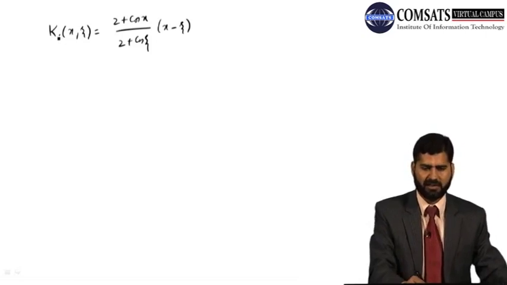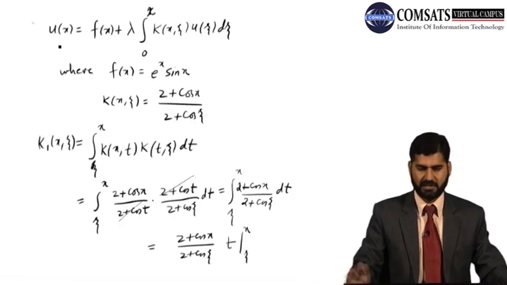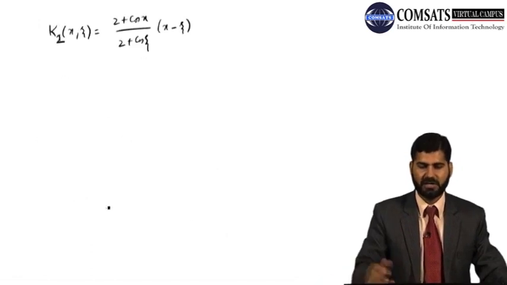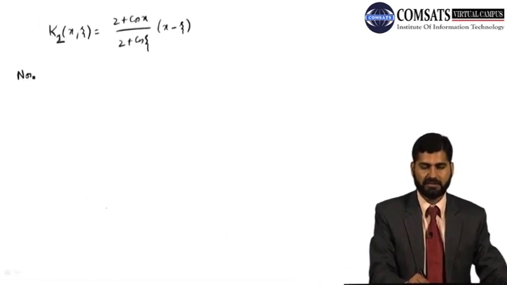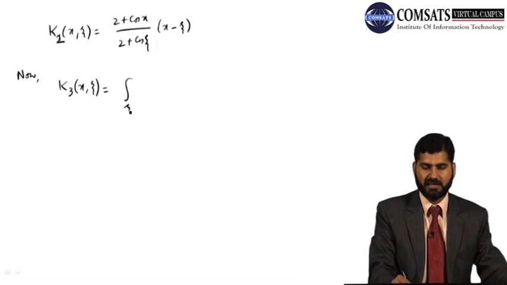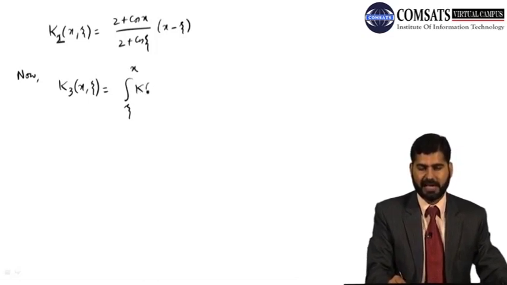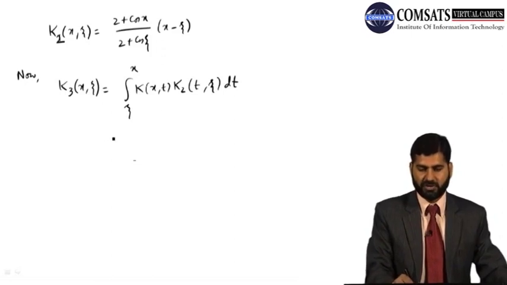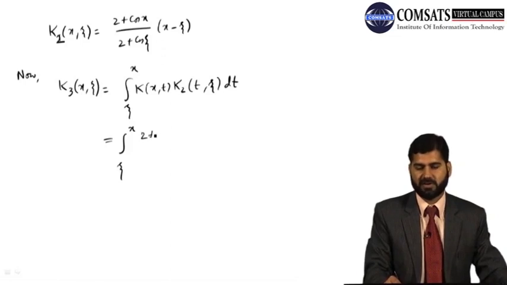We call it k2, not k1, right? Another mistake. Not a mistake. Here it's k2, which is k1, and k1 is the same as k. So this is k2. We got k2 here, and now k3(x, xi) will be the integral from xi to x of k(x, t) k2(t, xi) dt. k(x, t) is just 2 plus cos x over 2 plus cos t.